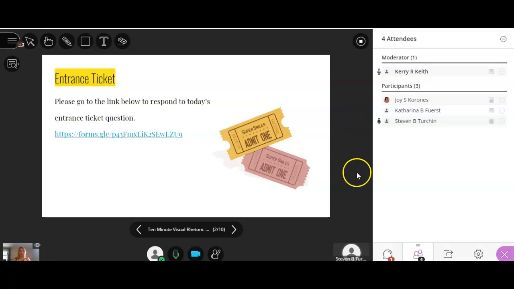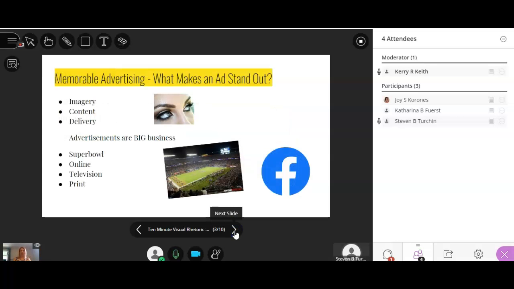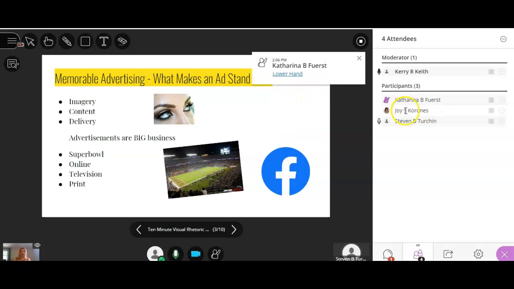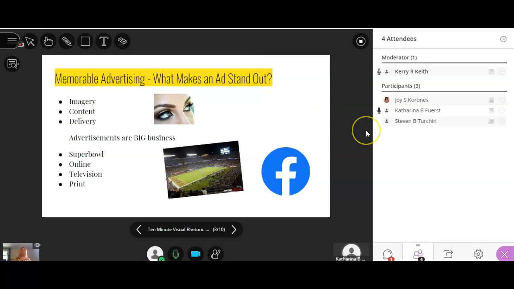Just the hook, whether it be music or a slogan or something even visual. Okay, perfect. Katarina? If something is funny, I always find that funny is always good.